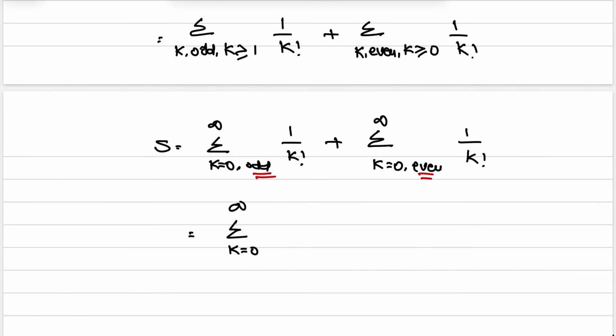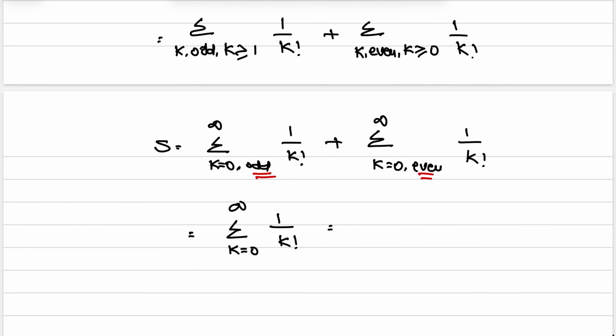That means it happens from 0 to infinity, even plus odd. That means sigma k is equal to 0 to infinity 1 by factorial k. What is it?